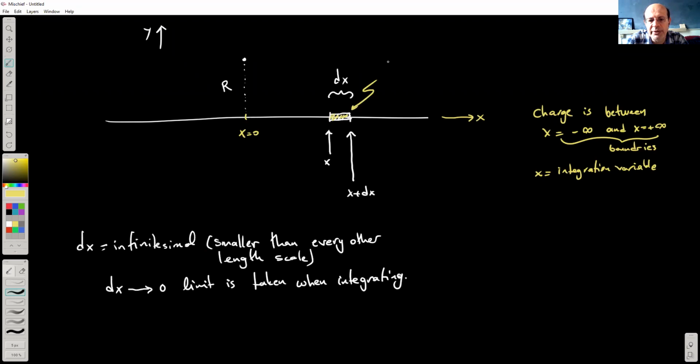So I'm going to show this by dq. This is basically given by lambda times dx. So this is an expression where I cannot omit dx because otherwise I would get 0. So there's a charge in here. It is as small as the length of that segment. So therefore this charge is also an infinitesimal.